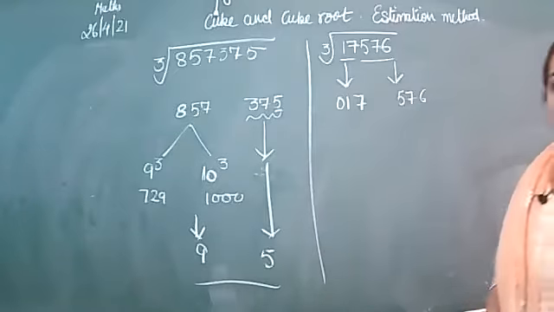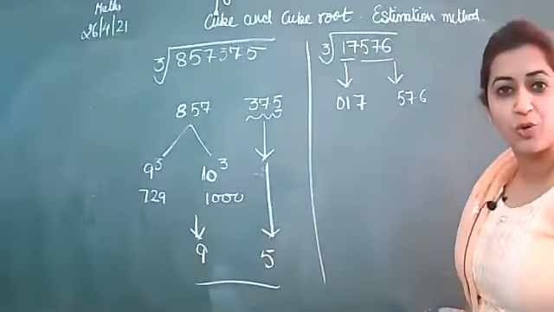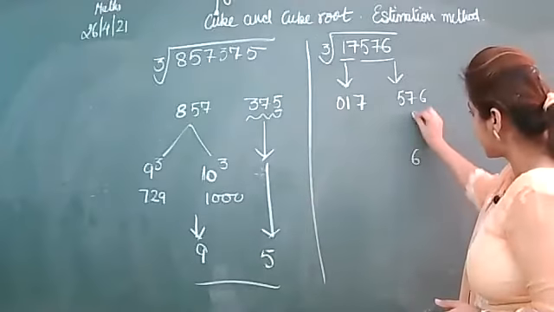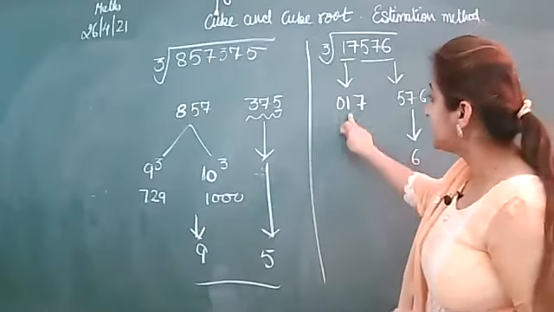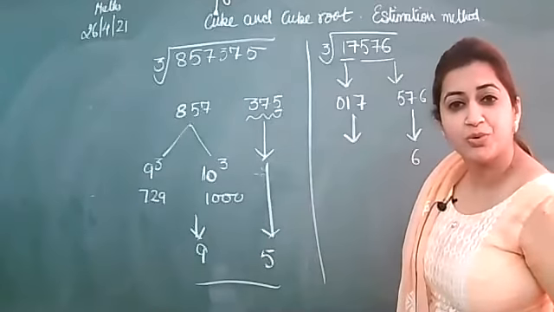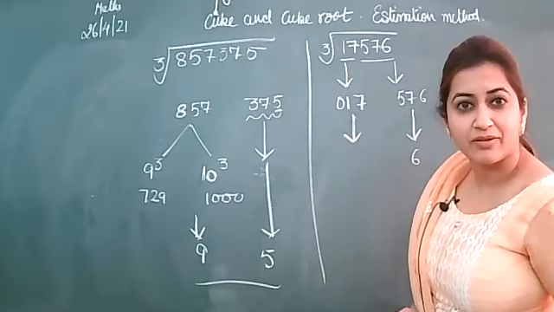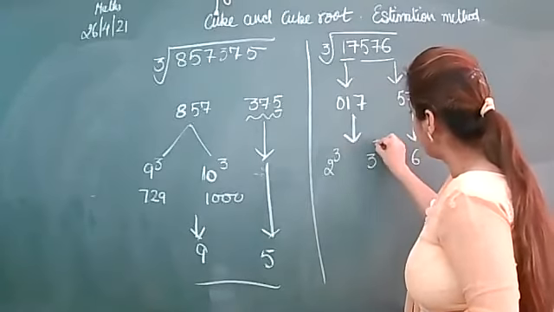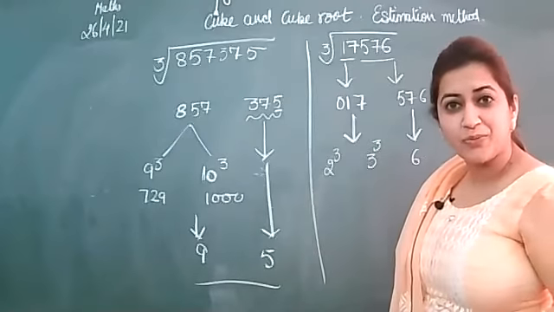As this number is ending with 6, what will be the last digit of its cube root? I have already told you. It will be 6 by the property number 1. In this, 17 lies between the cubes of which two numbers? 2 cube and 3 cube. Is it so?